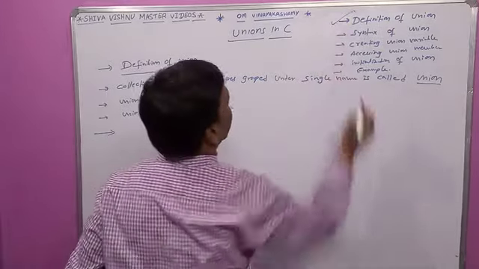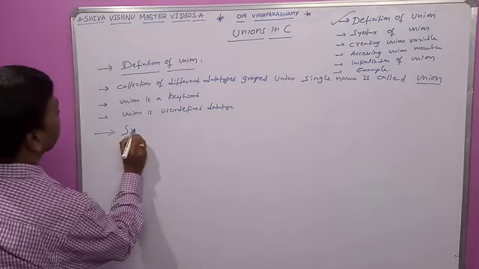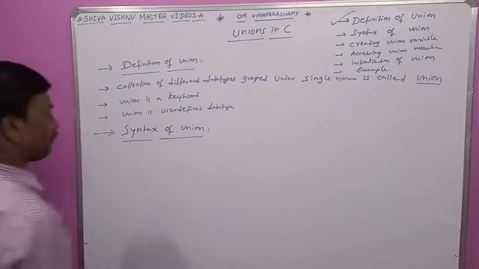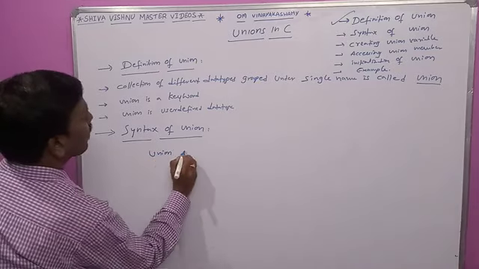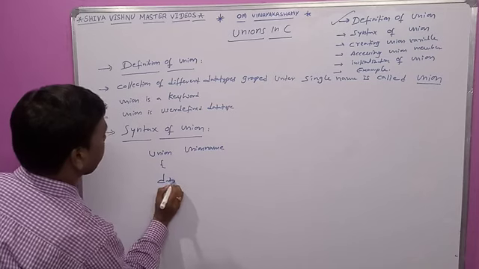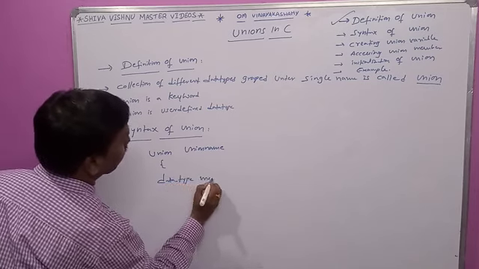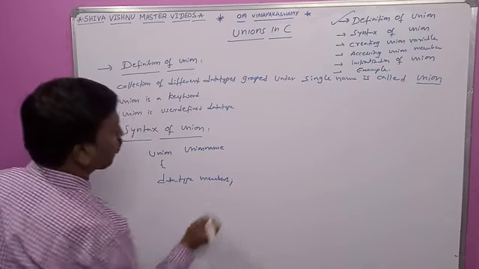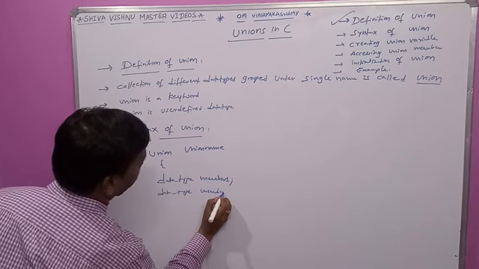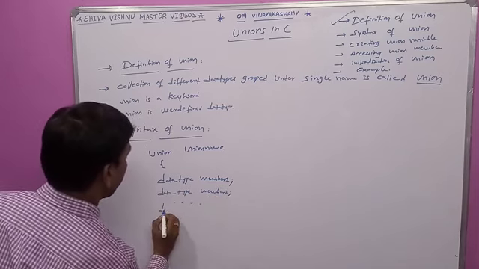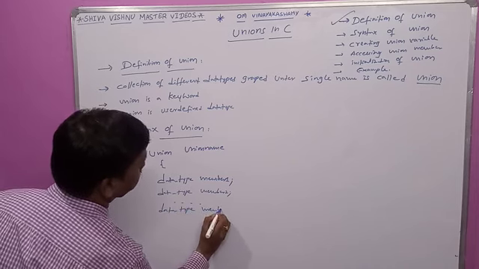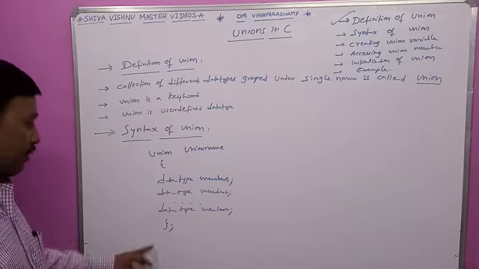Next, the syntax of a union. Union name, open brace, data type member 1 semicolon, data type member 2 semicolon, data type member n semicolon, close brace, semicolon. The semicolon is compulsory.